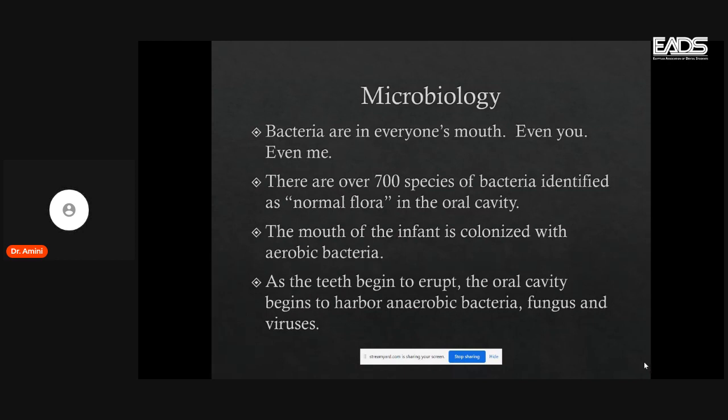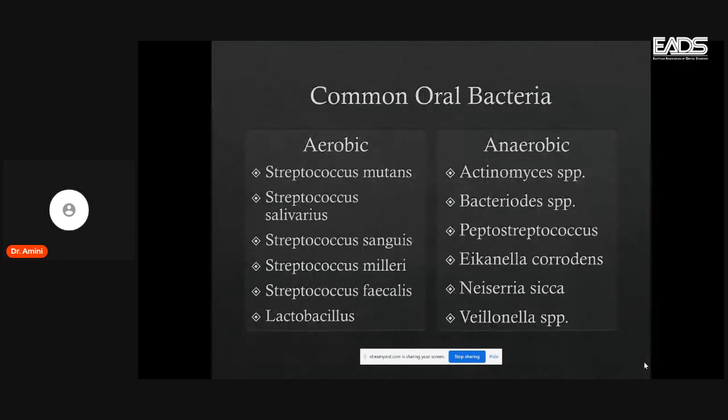Since we start to grow as infants, we have more aerobic bacteria as we start, but as the teeth are erupting, we start to have anaerobic bacteria and fungus plus viruses, as they can be harbored by the teeth formation.